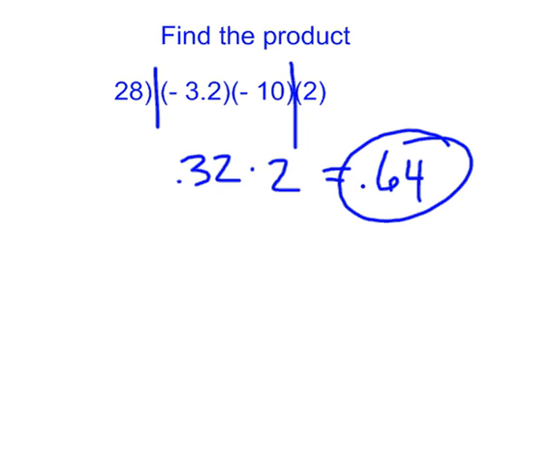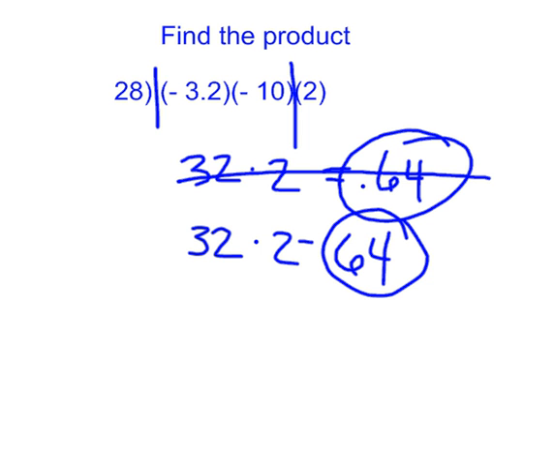On this problem, I accidentally moved the decimal point in the wrong direction. So we're going to start over. Negative 3.2 times a negative 10 would give us a positive 32. 32 times 2 gives us 64. So the answer is 64, not 0.64.